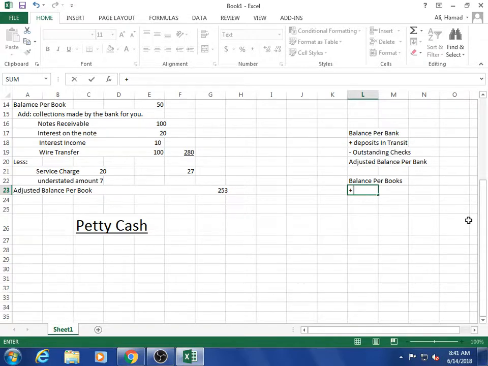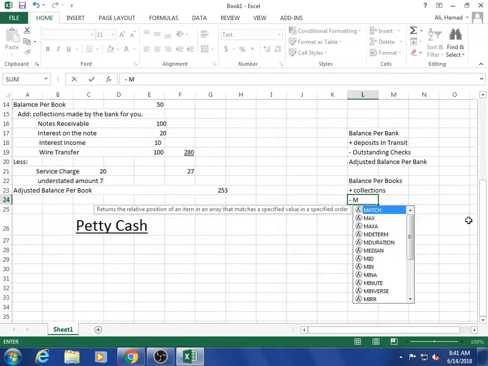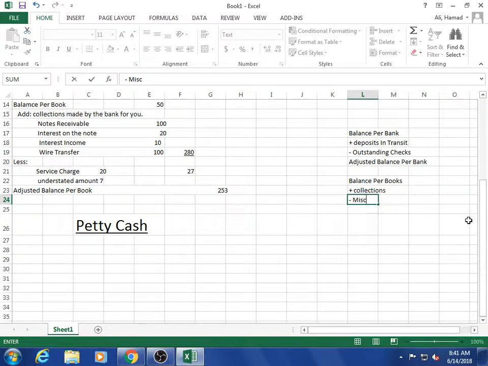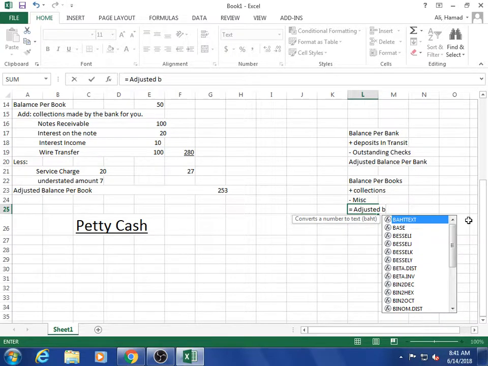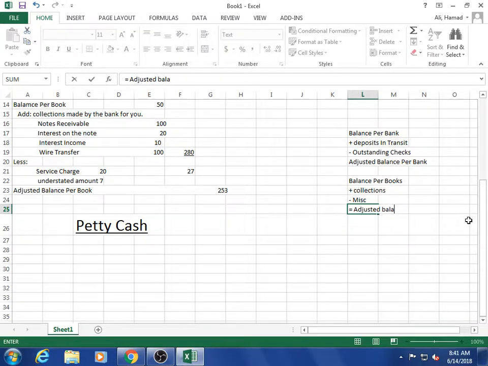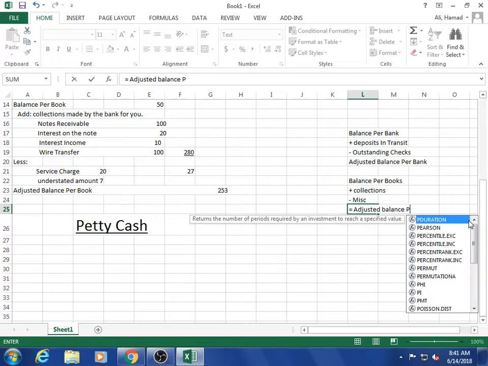Collections made by the bank, collections, all right, minus miscellaneous, like service charge, NSF checks, minus miscellaneous, equal adjusted balance per book.